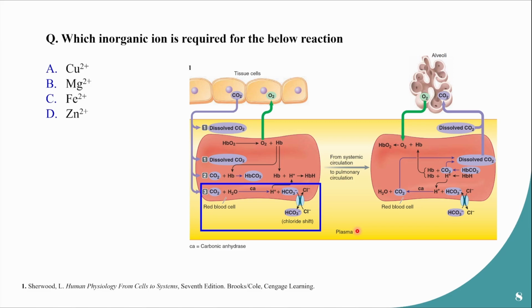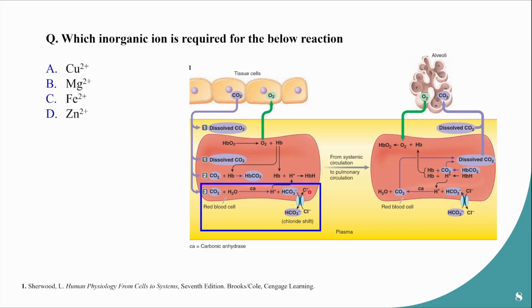Another concept which you might see quite frequently in assignments and exam questions is that certain inorganic ions are required as cofactors for the function of certain enzymes, right? One of those important reactions is highlighted here: CO2 plus H2O, and this particular enzyme is CA, which is carbonic anhydrase, and it catalyzes the reaction to H plus HCO3 minus.